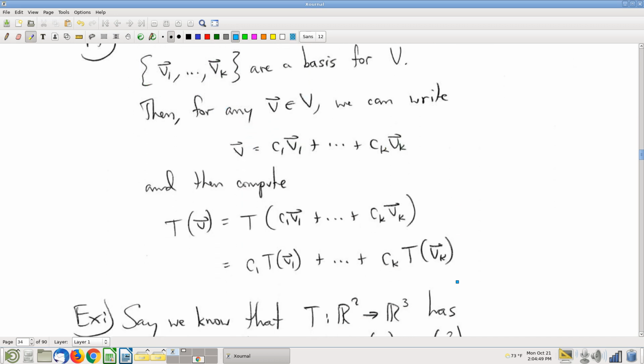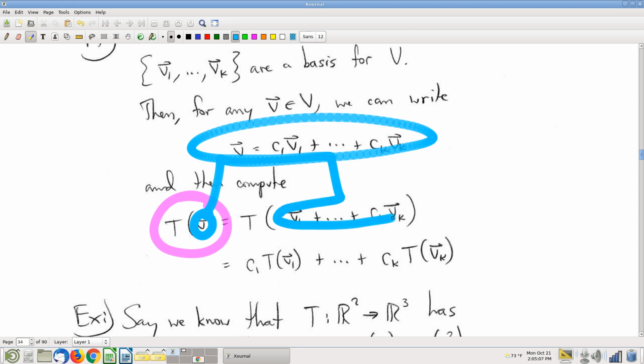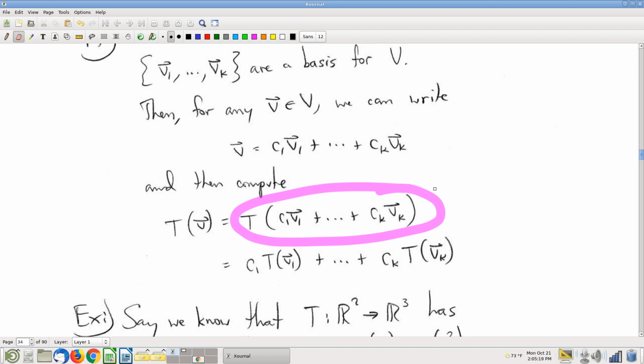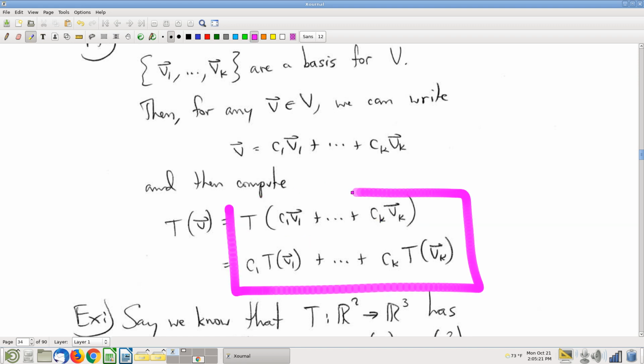The thing I want to compute now, keep in mind, I'm hoping to be able to decide what does the linear transformation do to this arbitrary vector that I pulled out of nowhere? I need to be able to compute T of v, in other words. Well, v is that linear combination. So T of v is T of that linear combination. T is a linear transformation, so I can cite linearity.